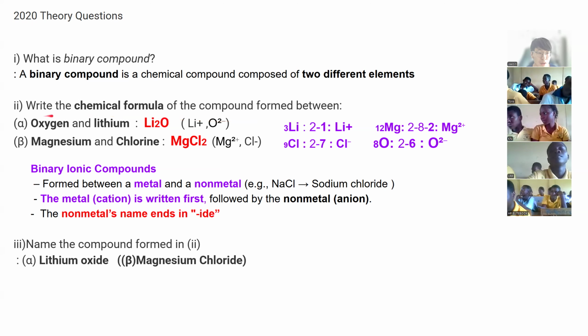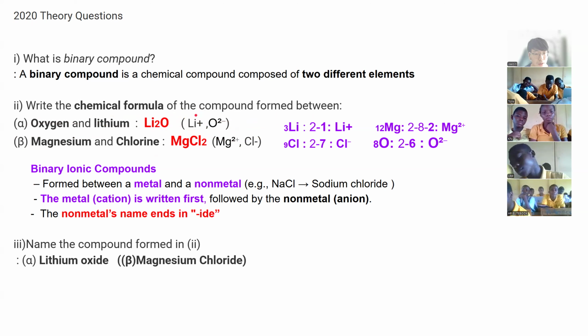Second question, write the chemical formula of the compound formed between oxygen and lithium, and magnesium and chlorine. We have practiced this already. We see that lithium has 1 plus because it has 3 electrons, 2, 1, and it needs to lose 1 electron to form Li plus.